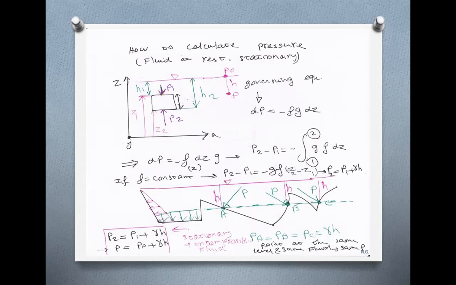Because density is mass per unit of volume, and when you multiply by G, that becomes weight per unit of volume, rho G, specific weight. So gamma is called, one more time, a specific weight, mathematically it's equal to rho G, and the physical meaning is weight per unit of volume.